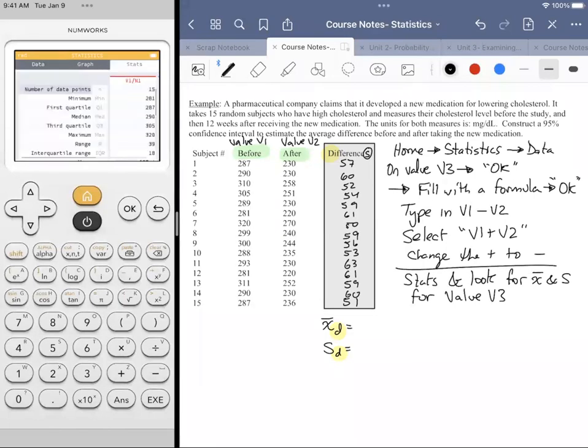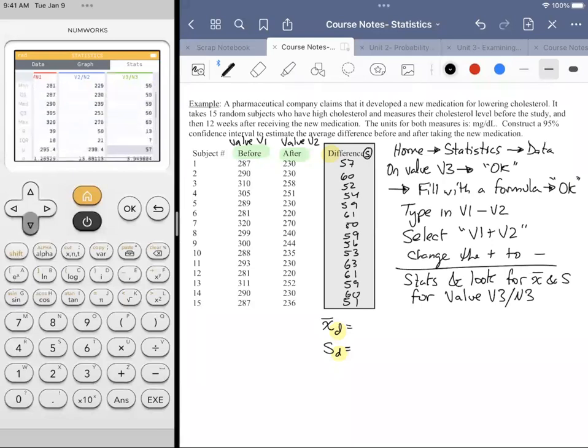You see the default there is V1N1. I want to go right until I get to the one that I'm looking for, V3N3. Go down the line until you find the X bar. That's 57. And S is 4.0883.